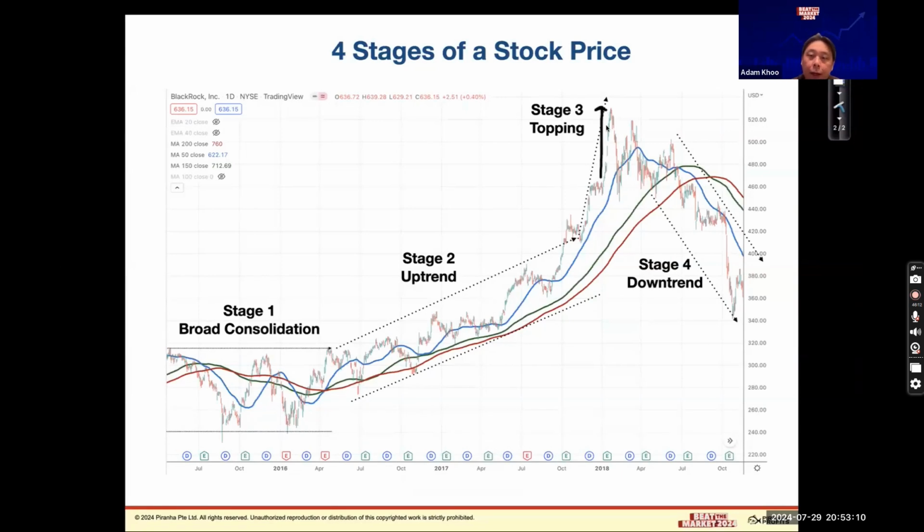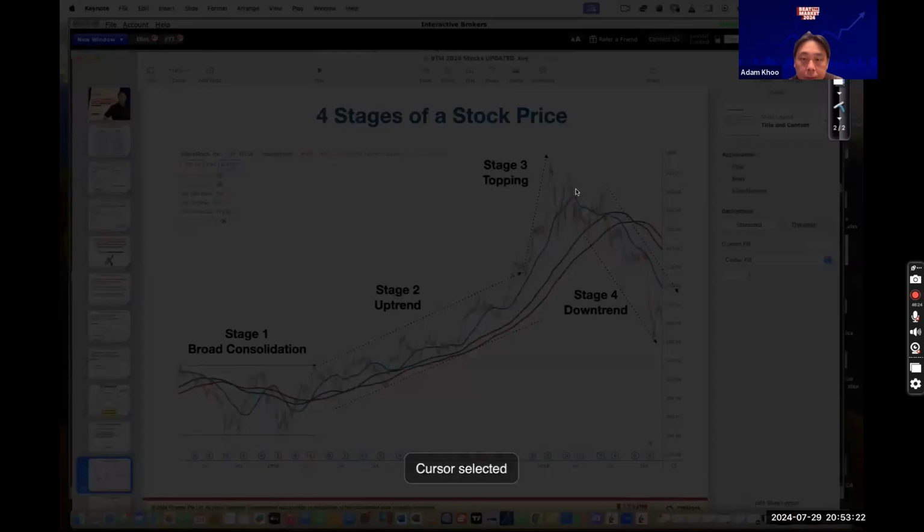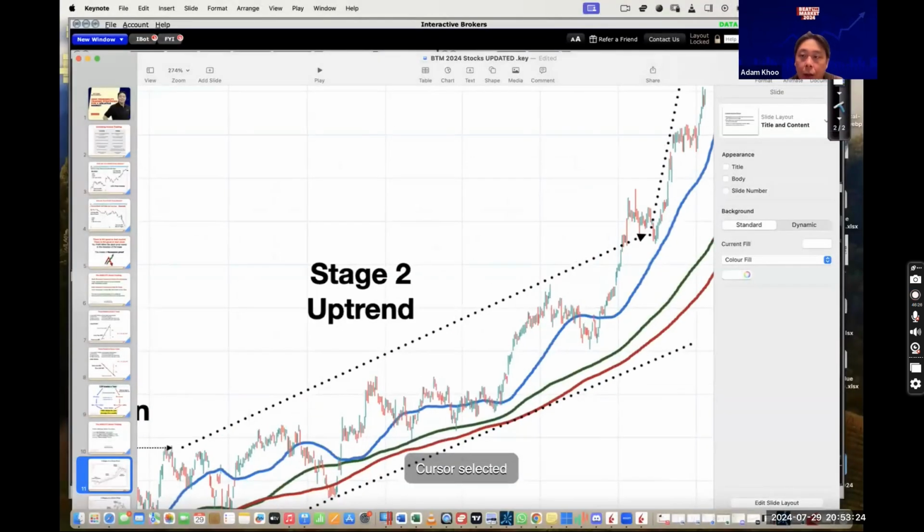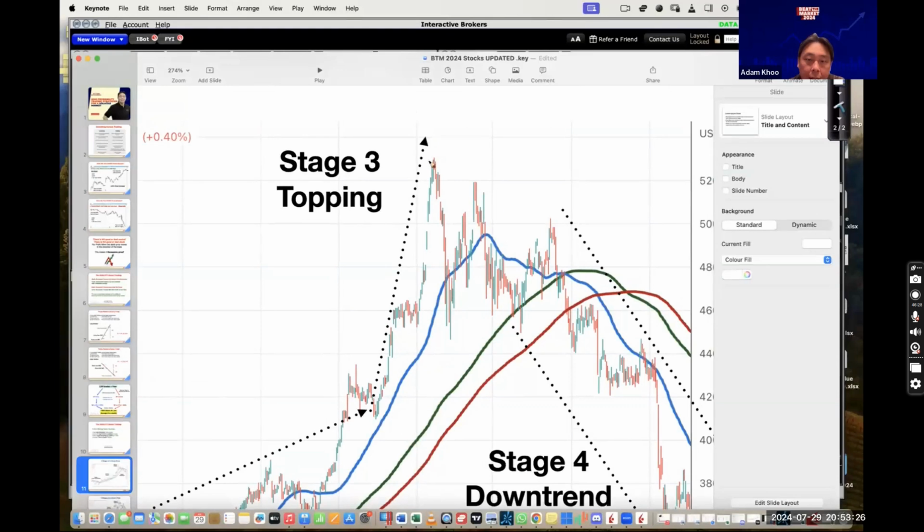Another clue is when the price starts to get far away from the moving average. Let me zoom in a bit so you can see. Can you see that the price is now far from the blue line?